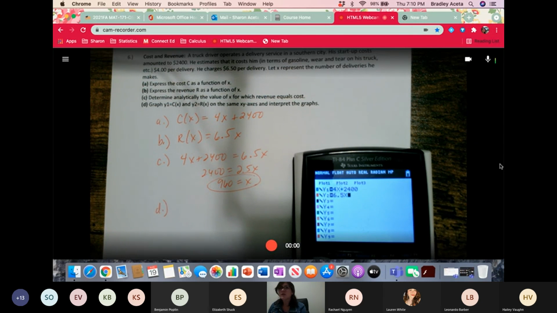I'm going to tell you right now, you don't want to hit zoom 6, because you're only going up and down 10. And I can already tell I have 2,400. Actually, I want to try zoom fit, if I remember correctly. Let's see if it'll actually zoom fit it.